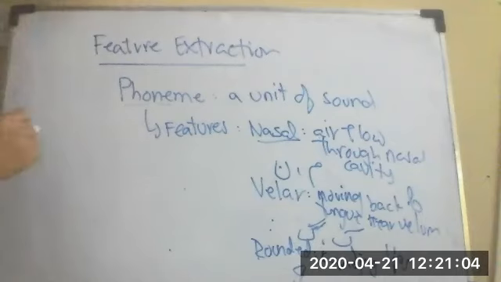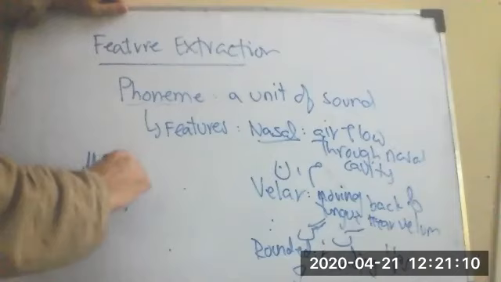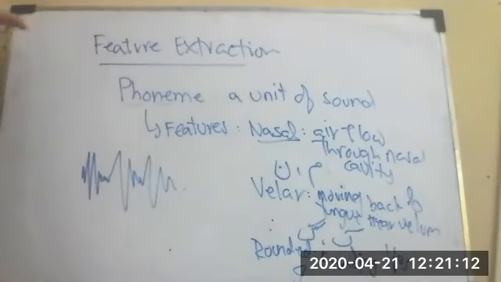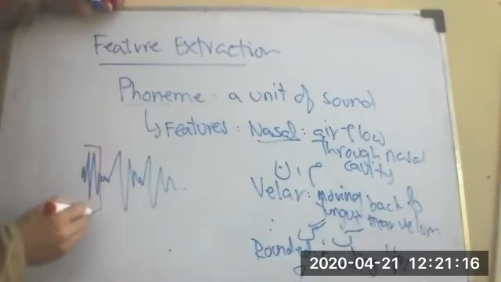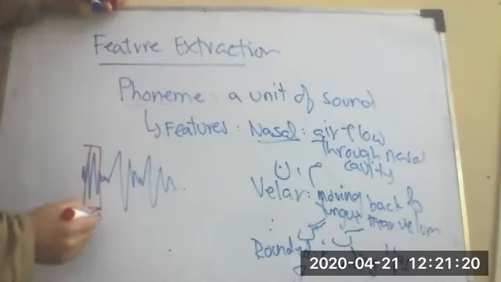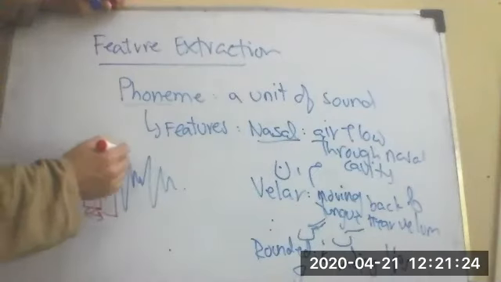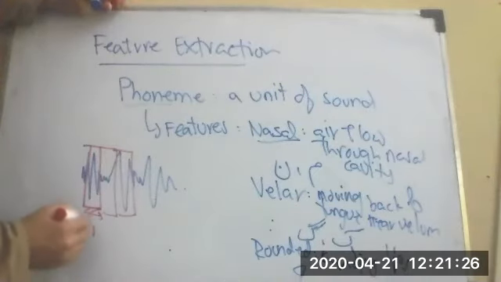Now what you would want to do is, you have this sound wave, and you discretize it into these time steps, and you ask what phoneme does this time step correspond to?